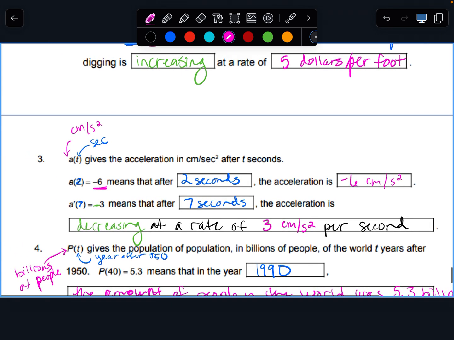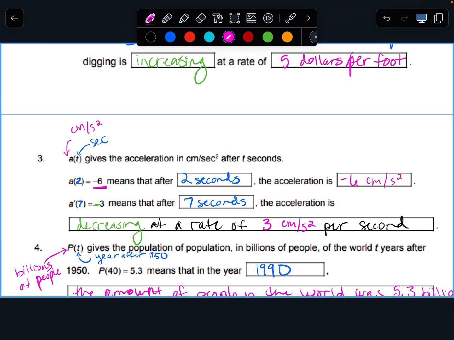Okay, the second one was weird because it was already kind of a rate unit. So I wrote it out and then it says it means that after 2 seconds, the acceleration is -6 centimeters per second squared. Now this one is saying after 7 seconds, the acceleration is decreasing. Notice the language is still the same. The increasing or decreasing is what makes it a derivative, decreasing at a rate of 3 centimeters squared per second.